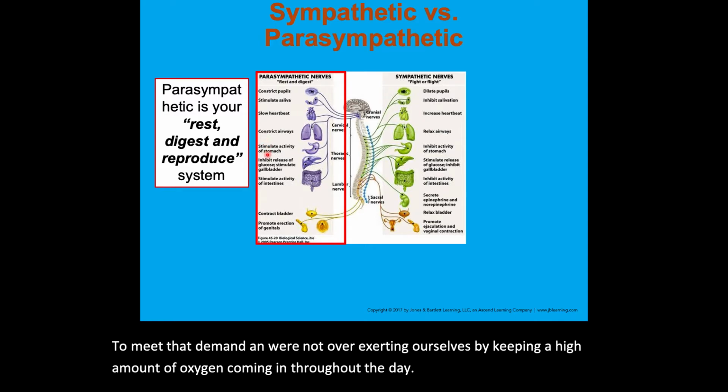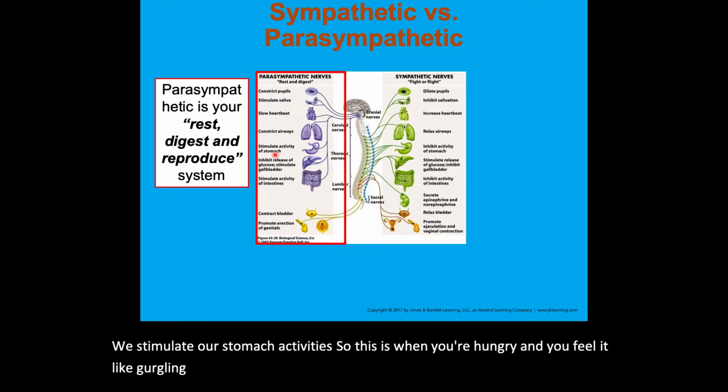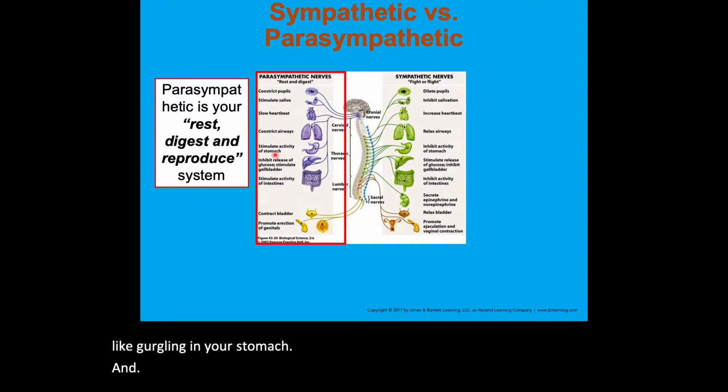We stimulate our stomach activity. So this is when you're hungry and you feel like gurgling in your stomach. And that is your body getting ready to consume a meal.